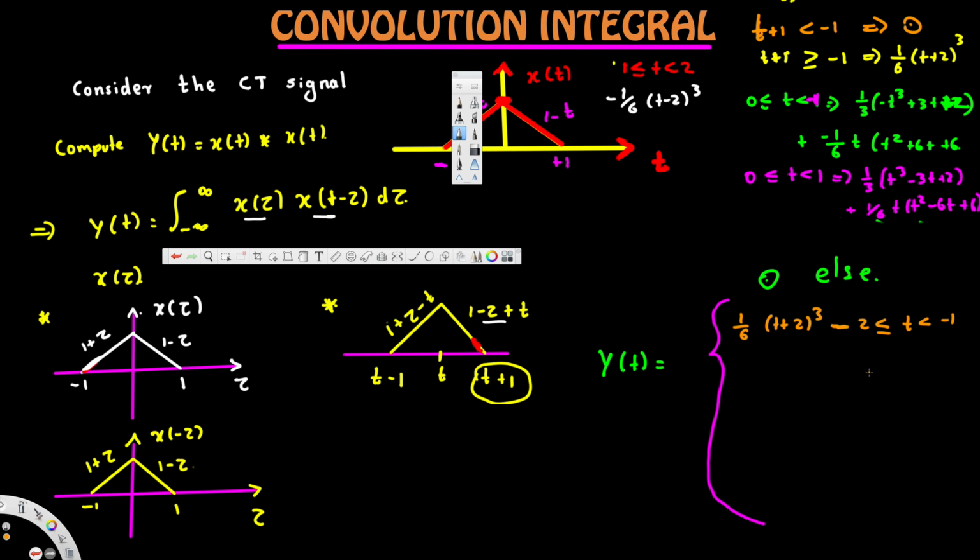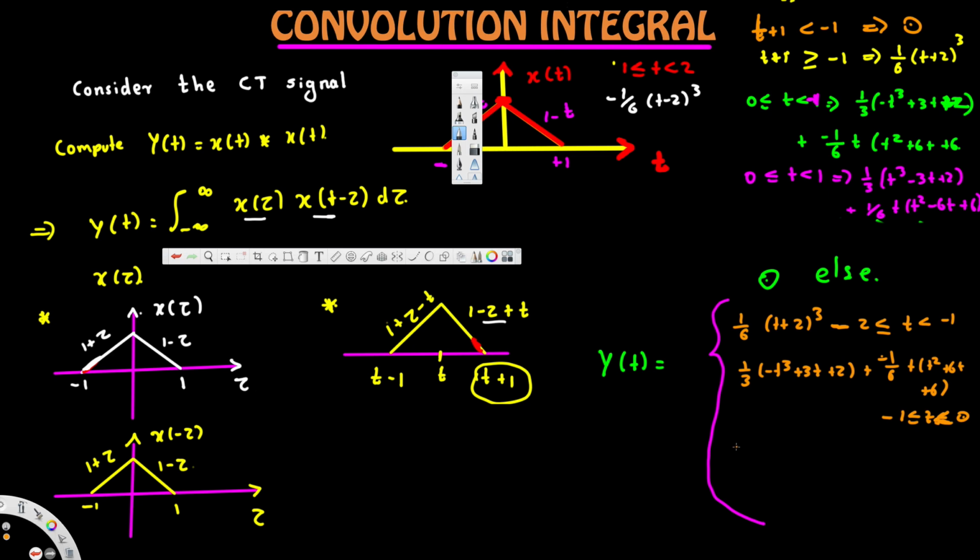And then the next region was minus 1. Okay, let's write the expression first. So we had 1 over 3 minus t cubed plus 3t plus 2 plus minus 1 over 6 t squared plus 6t plus 6, when the region was minus 1 to 0.